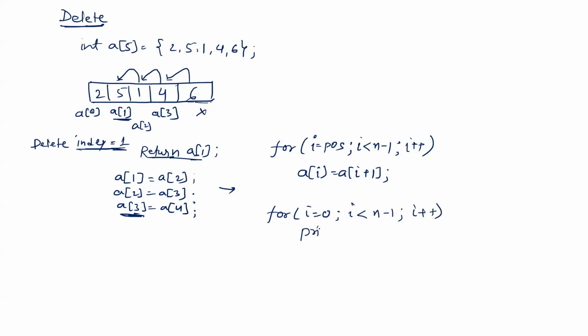And here you will apply, let's suppose you are using C language, printf %d a of I. From 0 to 3, all the elements will be printed. In this case, the output will come as 2, 1, 4, 6. So in this way, we can delete the value from the array.